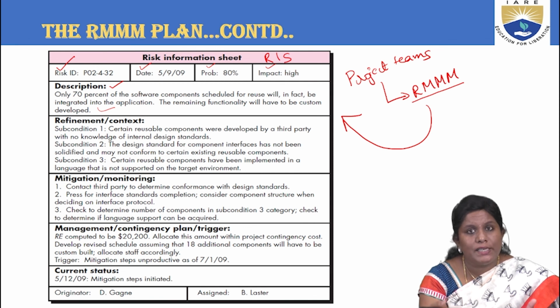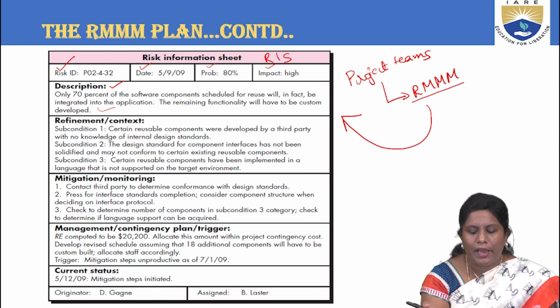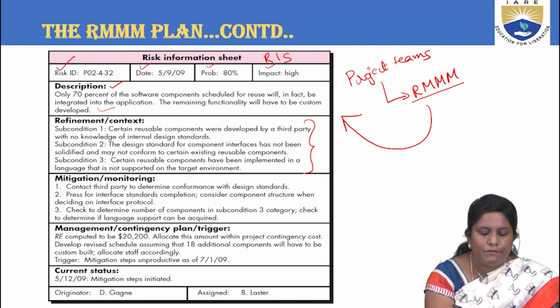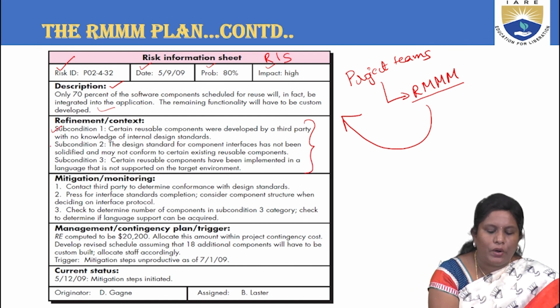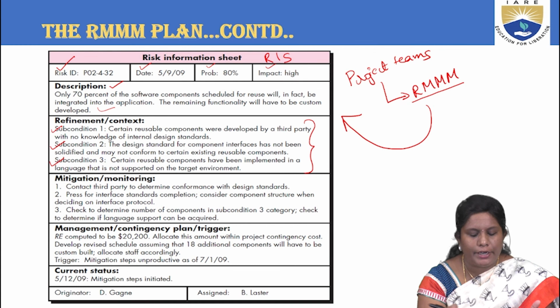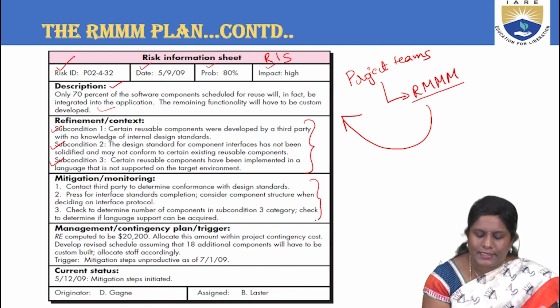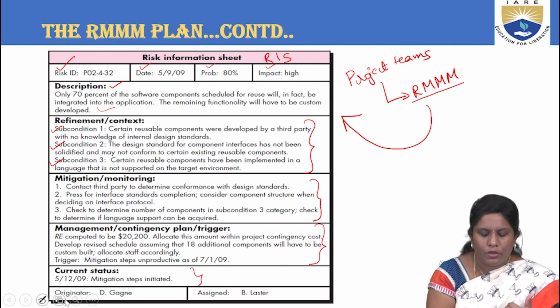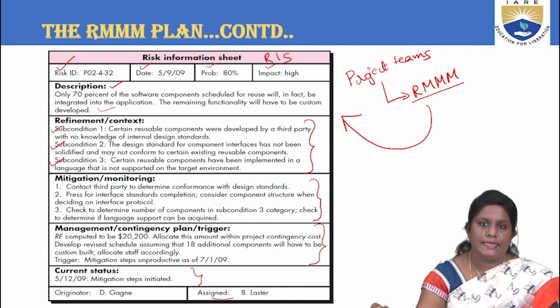Now, whatever description you have stated, try to refine it. How can you refine it? Specify the subconditions: subcondition 1, subcondition 2 and 3, which the description can have. Then you will monitor in the next phase, and then have the management, the current status, and who is the originator and who is the assigned person.